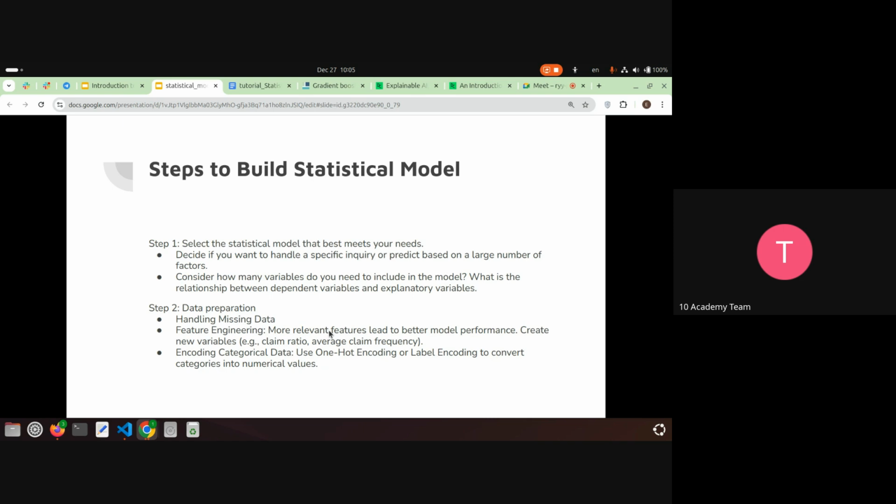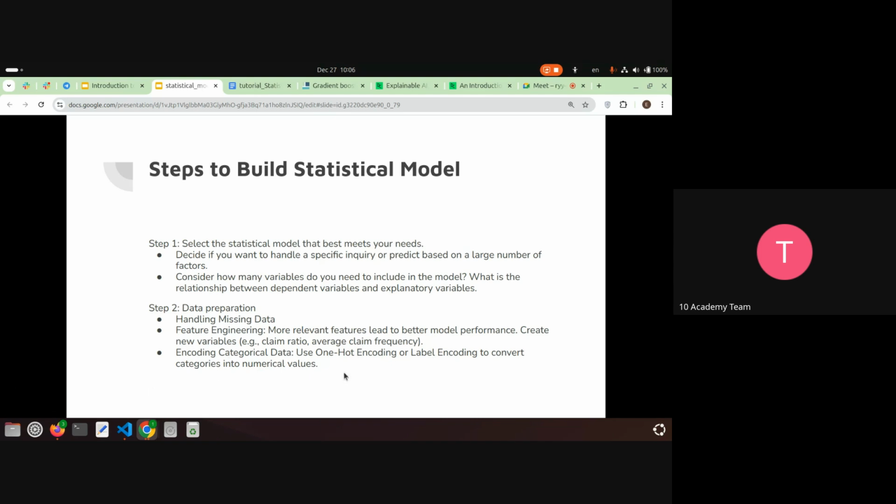Okay, so there are important parts, because you are using an algorithm, and in some cases you can only handle numerical values. So if you have categorical data, you need to convert it to numerical values by using one of several methods.